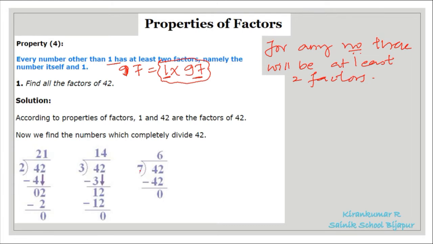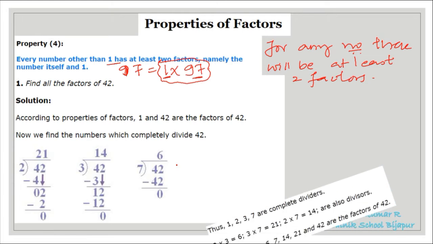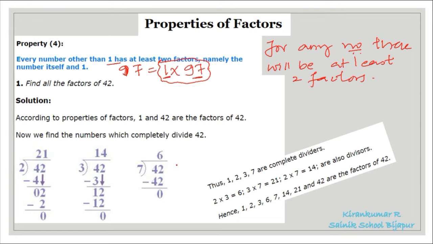When it is divided by 7, it goes 6 times and leaves the remainder 0. Therefore, I can say 1, 2, 3 and 7 completely divide the given number. So I have the 2 and 21 combination, 3 and 14 combination, 7 and 6 combination.